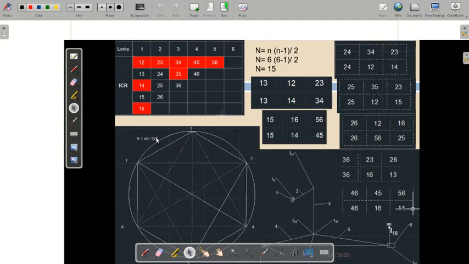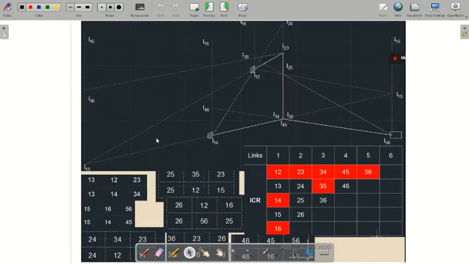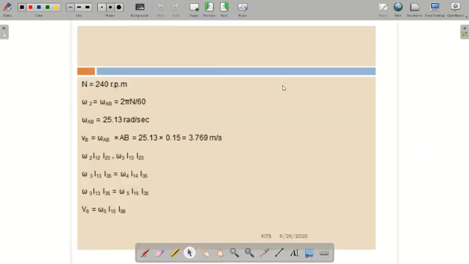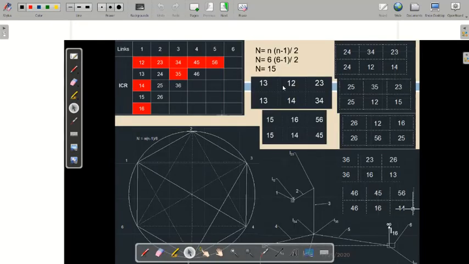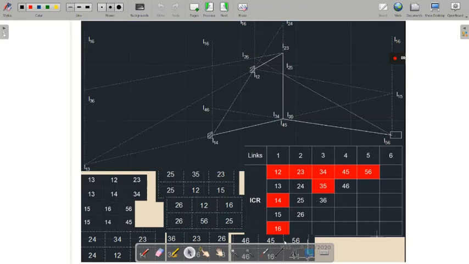In the question, they have asked us to find the angular velocity of the link BC. I think this one. Angular velocity of this link. Okay, let me take the question. I'm sorry, I have to copy one more slide.